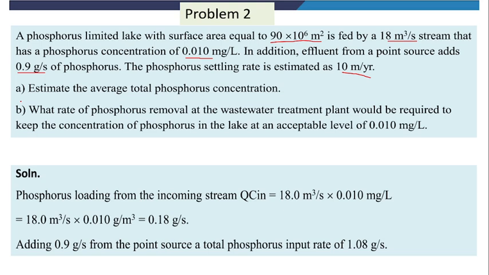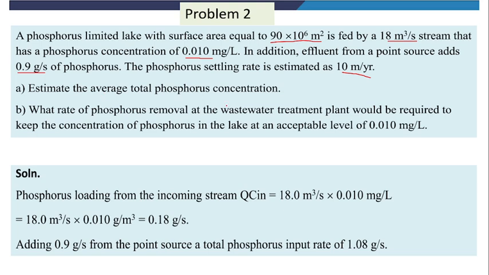And then what rate of phosphorus removal at the wastewater treatment plant would be required to keep the concentration of phosphorus in the lake at an acceptable level of 0.010 mg per liter. So here the acceptable level is fixed. At what rate the phosphorus should be removed in the treatment plant, they are asking.